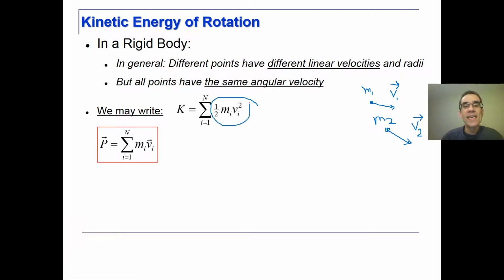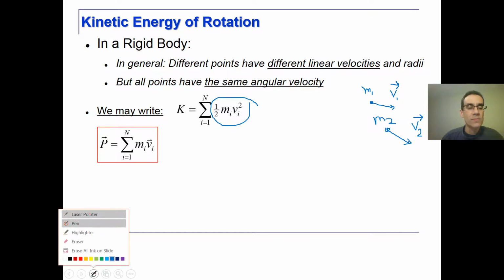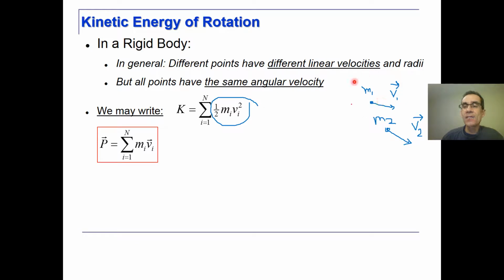This is the kinetic energy of that particle m1. If I go to i equal to 2, then I get the kinetic energy of particle m2. If I add them all together, that would be the kinetic energy of the entire system.